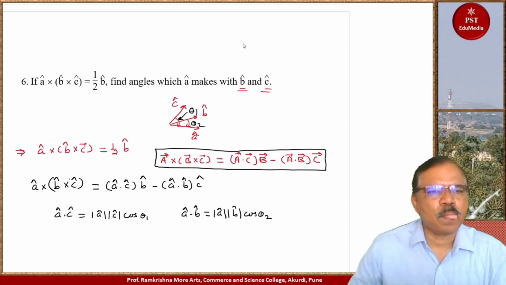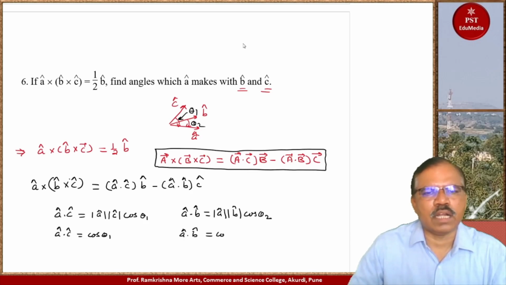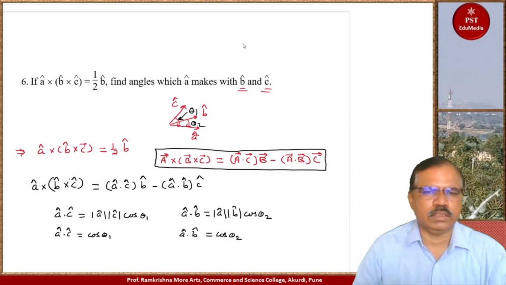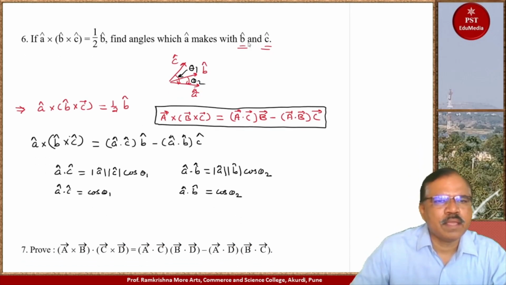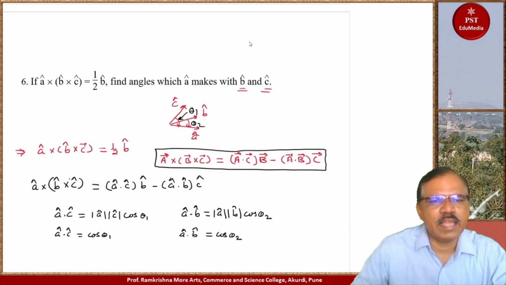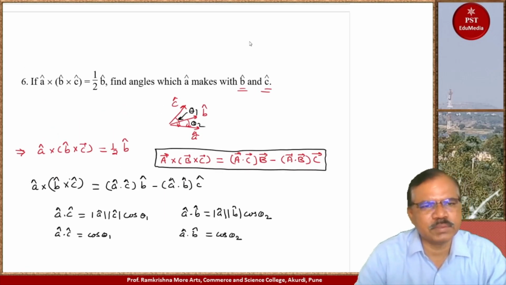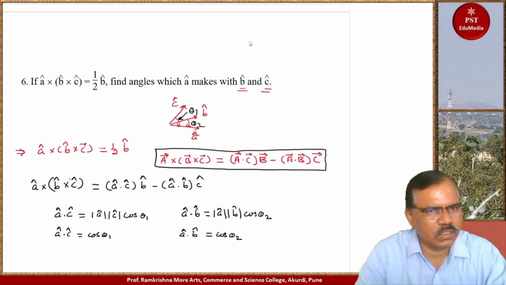Now A dot C will have cos theta 1, and A dot B will have cos theta 2. Why? Because the magnitudes of A, B, C are equal to 1, since they are unit vectors.